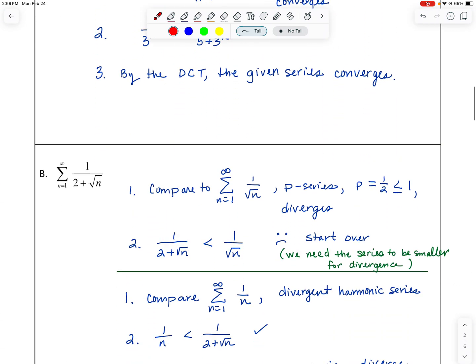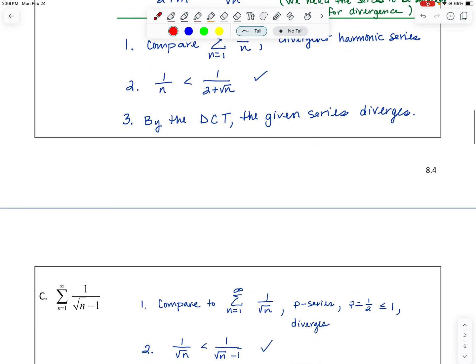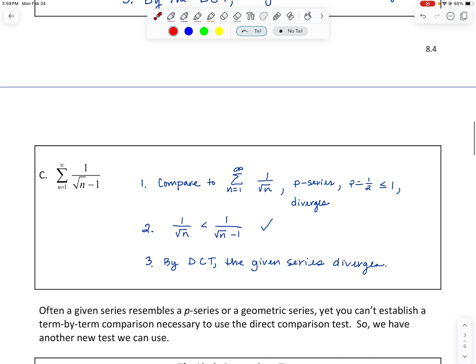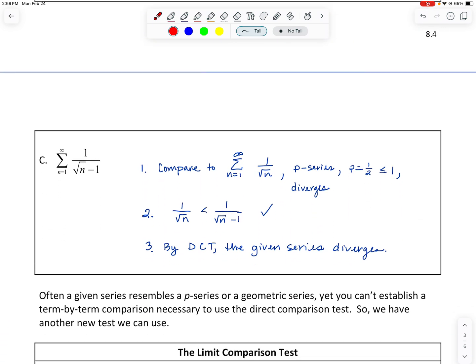Okay, so going back, we've got one more, and then I'm going to show you the limit comparison test. So comparing 1 over square root of n minus 1, again, just taking off the minus 1, we're going to compare it to 1 over square root of n. That's a p series, where p is 1/2, which is less than or equal to 1. And yes, you have to show all this.